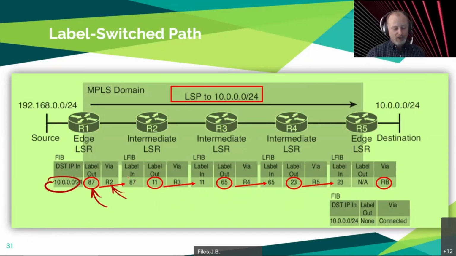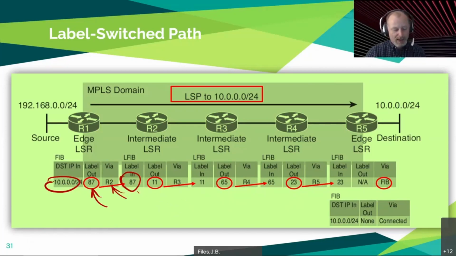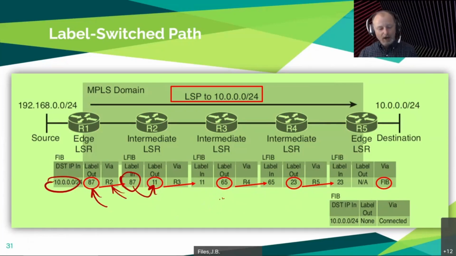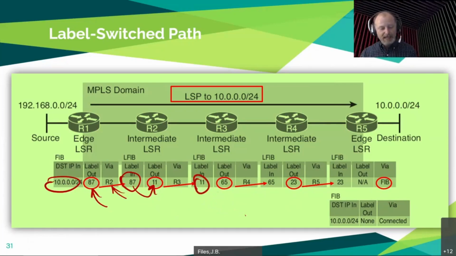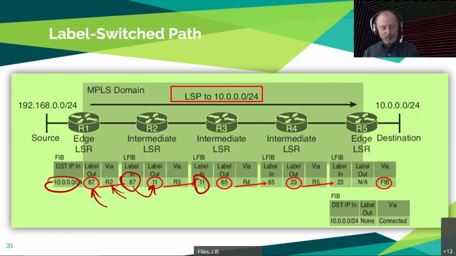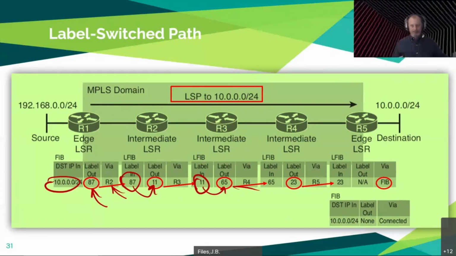Once it gets to R2, it's going to have an inbound label of 87. That tells R2 that we need to relabel it 11 and send it to R3. R3 sees it coming in labeled 11, and it knows, oh, I need to relabel it 65 and send it to R4, and so on and so forth.